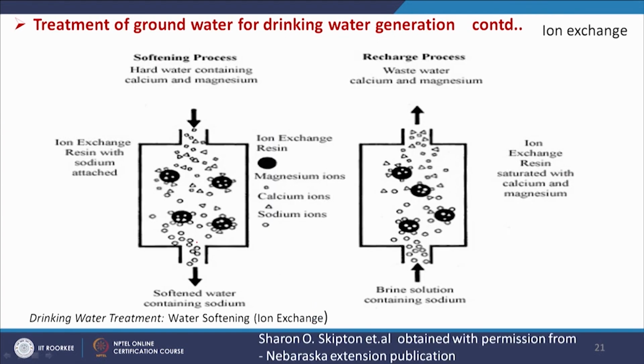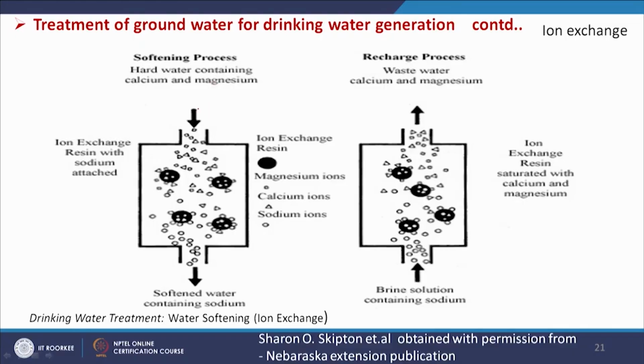In some cases, the ion exchange process is also used. In that case, it is for hardness removal, basically in groundwater treatment where hardness is present, and in surface water also. For the softening purpose, water will be passed through a resin column.